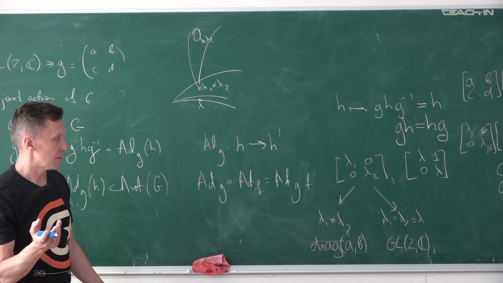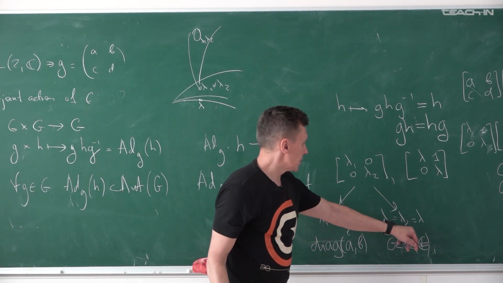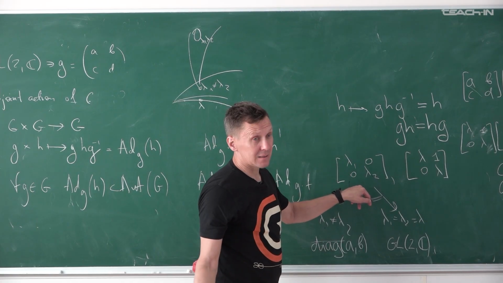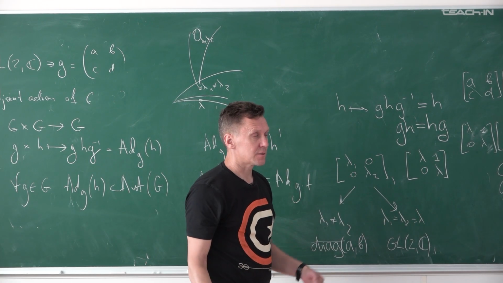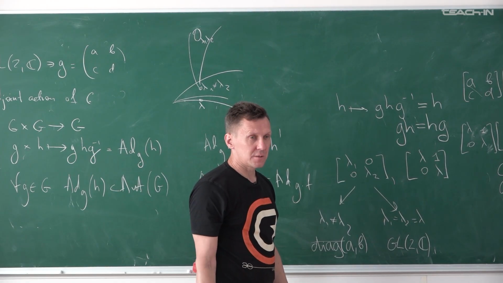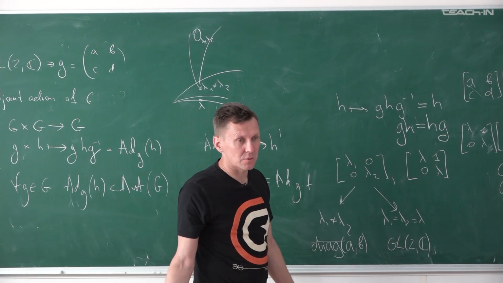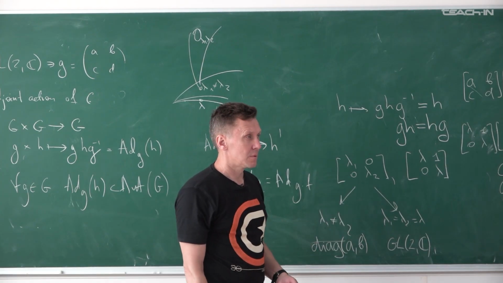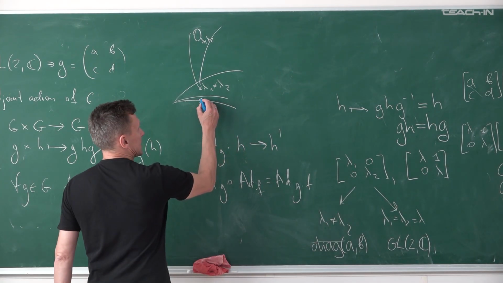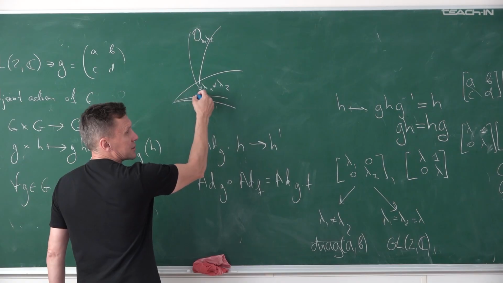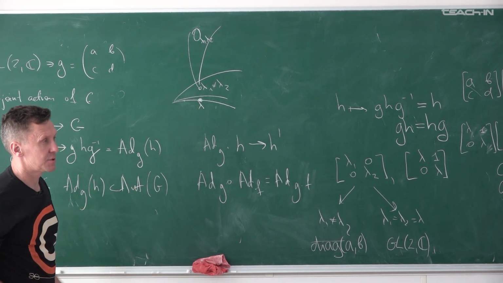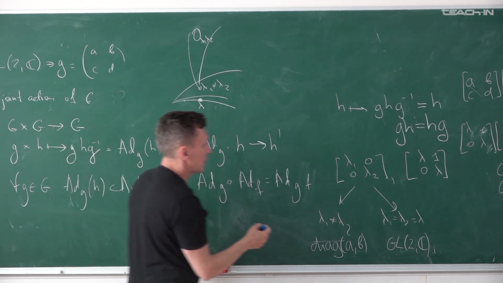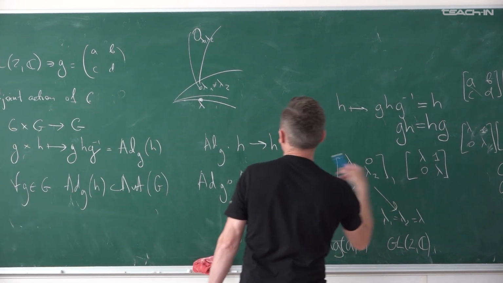Because if it is diagonalizable and the eigenvalues coincide, it is a scalar matrix, and it is preserved by the adjoint action of the whole group. So here the orbits are just zero-dimensional subvarieties, just points. And this is a little bit more interesting.